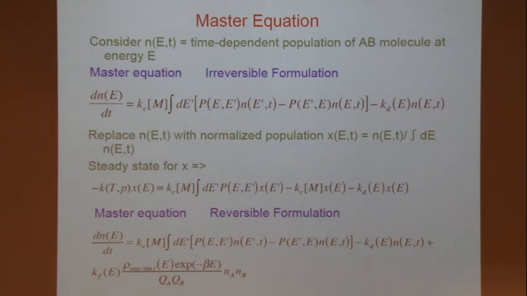And this is sort of similar to PDF methods in CFD. Do you guys know PDF methods, anybody? Turbulence. Yeah, turbulence modeling, yeah. So there, you're also doing a differential of a probability. So here's the differential of the probability of finding the system with A and B together with a certain amount of energy.